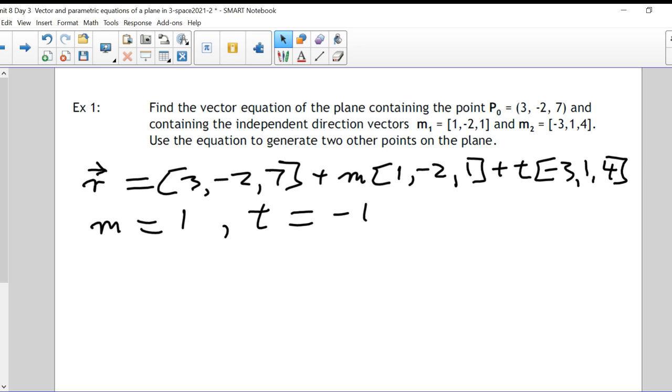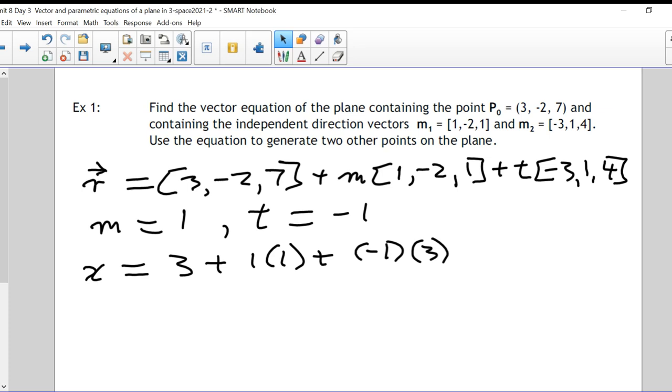Let's just make it easy for all of us. So my x value would be equal to 3 plus 1 times 1 plus -1 times -3.